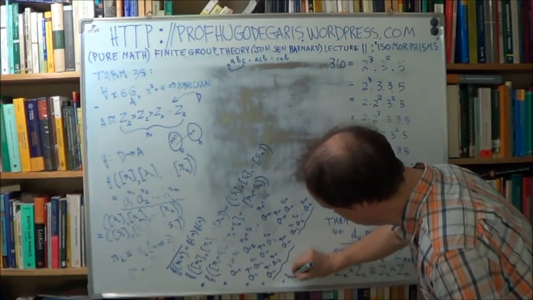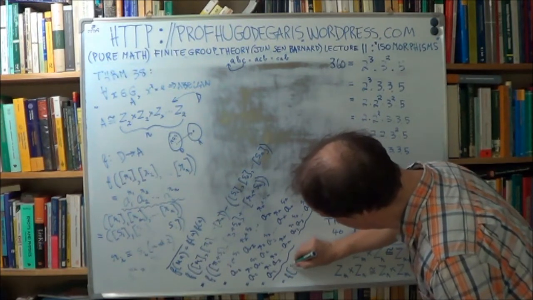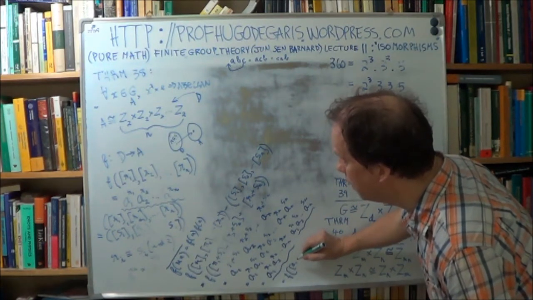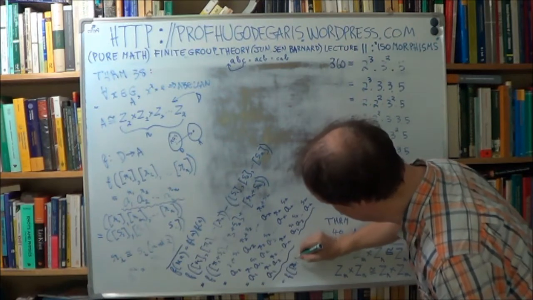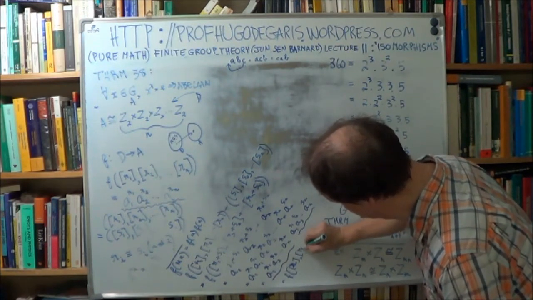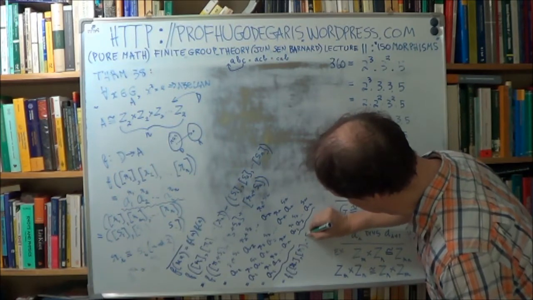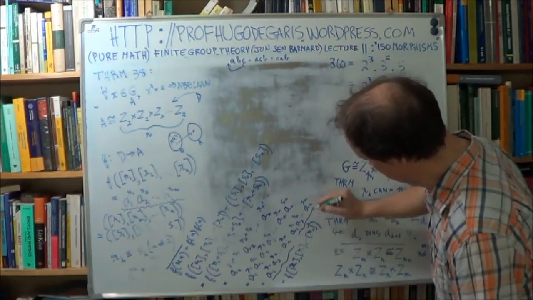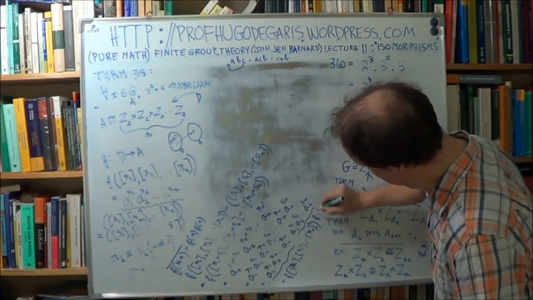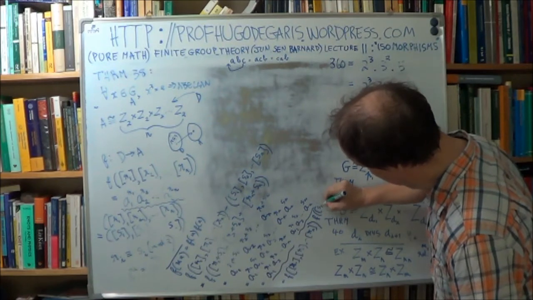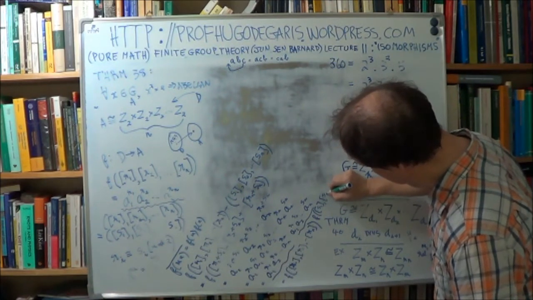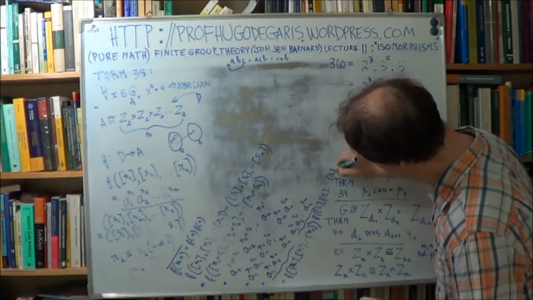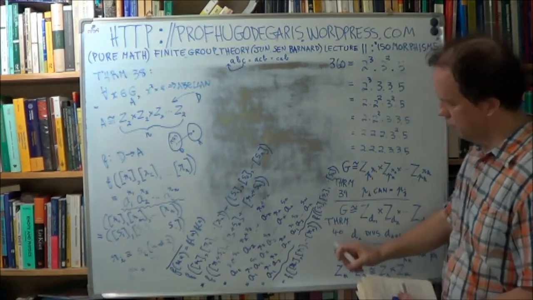So I can rewrite this as f of R1, comma, R2, comma, Rn, times, these are just the times f of S1, comma, S2, dot, dot, dot, Sn. Okay? And there it is. That's what I wanted to prove.